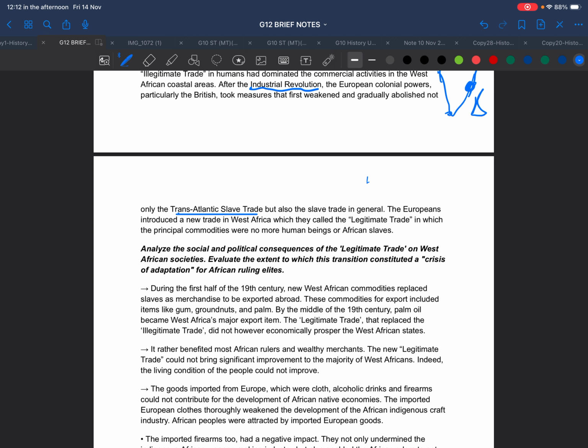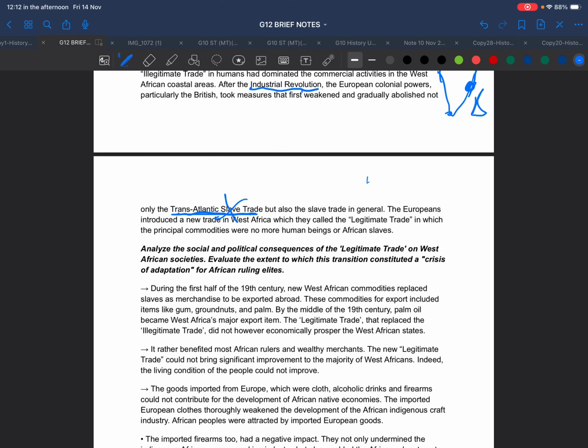This revolution brought industries that needed abundant raw materials, market centers, and areas of investment. But the transatlantic slave trade, considered an anachronistic or outdated system, Britain wanted to abolish, to stop, because it was not that important for European industries.